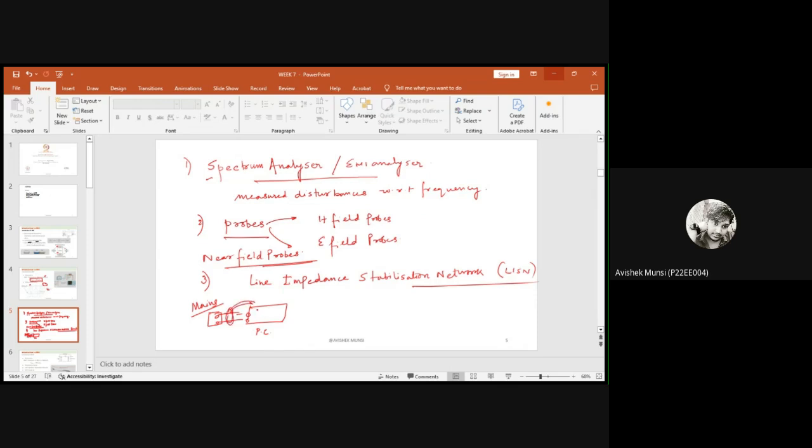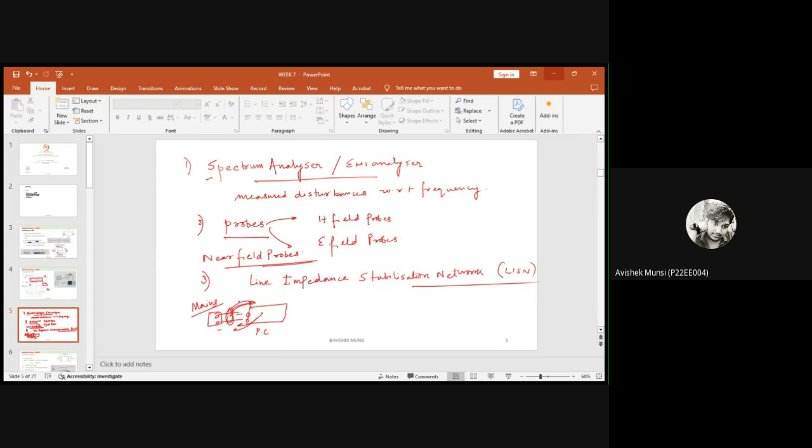The mains can inject unnecessary harmonics into your converter, or in some cases, if you have a bad design and your converter has EMI noise, then that noise can also get injected into the mains. That will disturb the grid and mains, and harmonics injected into your converter can also damage it. So LISN plays a role in between.